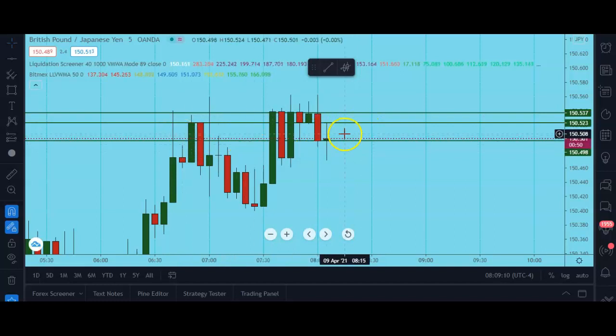This is the support right here. This candle bounced off of this support. This candle closed right at support. So this is the support level currently that we're working with. And this wick shows that price wants to go down.